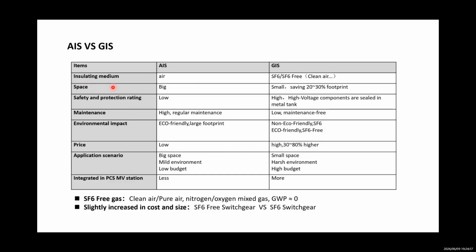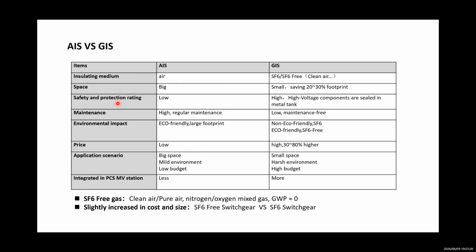Because the insulation capability of air is not as good as SF6 or SF6-free, it needs more space for the electrical safety design. So for space, AIS is bigger than GIS, and GIS basically saves 20 to 30% of footprint.